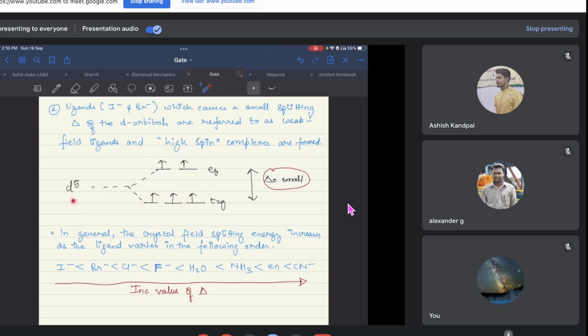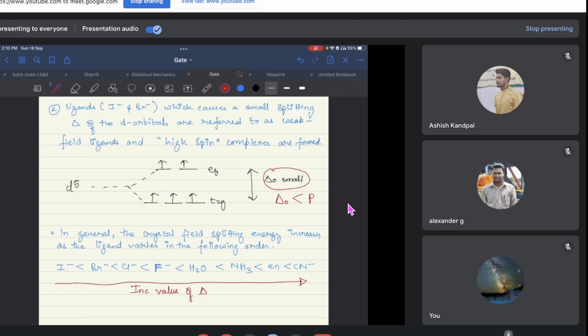So again, for the d5 configuration, the Δ₀ value will be smaller than the pairing energy. So the 5 electrons will get arranged as singly occupied, the eg orbitals will also get occupied, and this is known as the high spin complex.